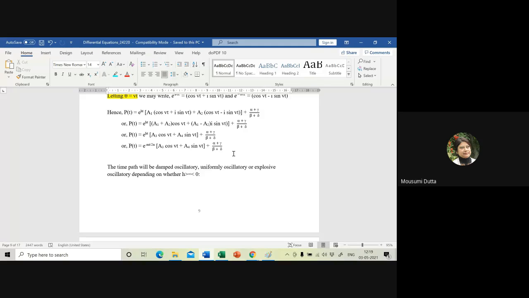If we have uniform oscillation, it will lie within a specific band. Otherwise, depending on whether it is convergent or divergent, you will have a damped oscillatory time path or an explosive oscillatory time path. So this is the idea.